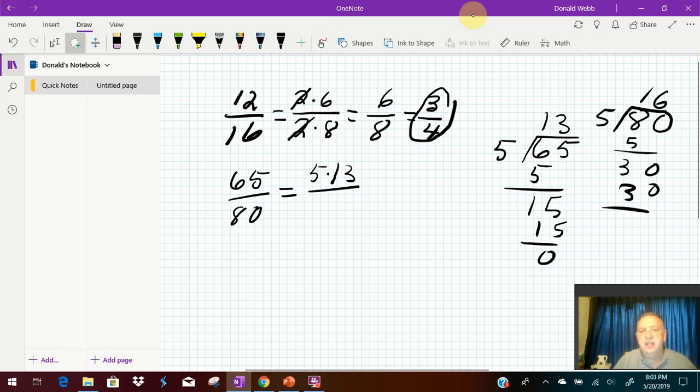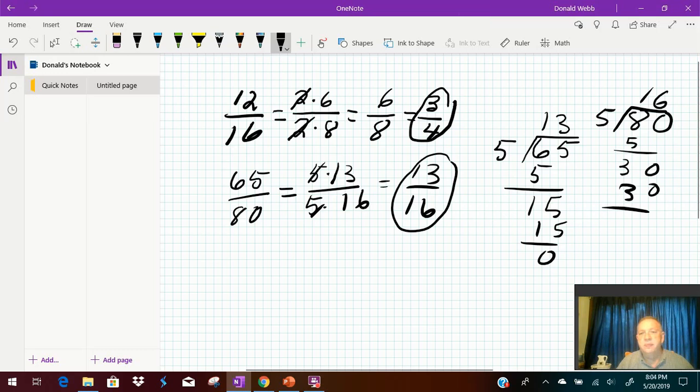So this is 5 times 16. Thirteen is prime. There's no multiples of anything that's going to give you 13. So that's going to be our lowest terms for that one.